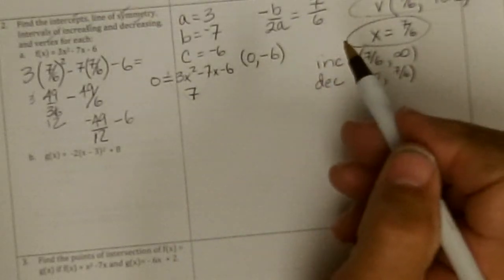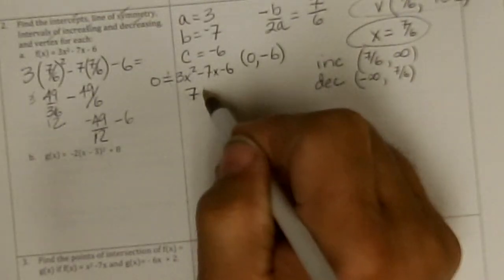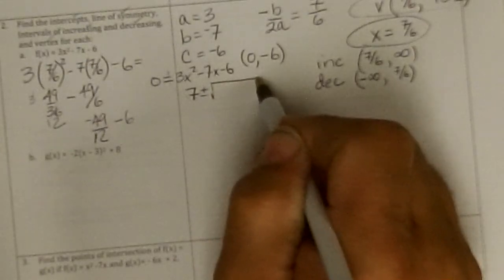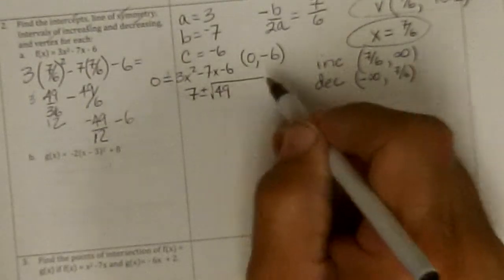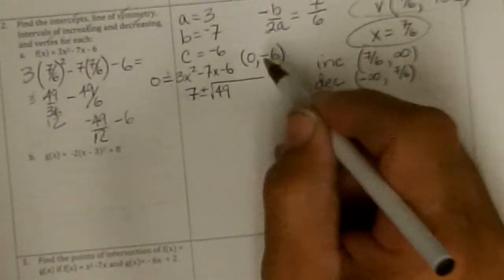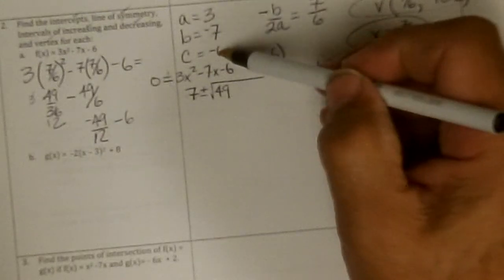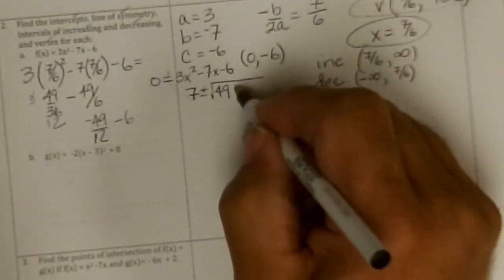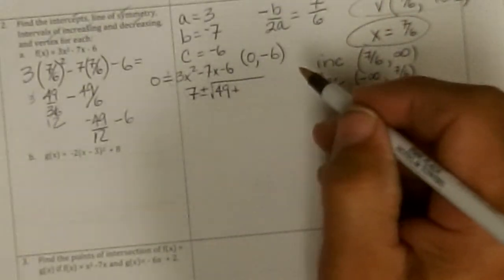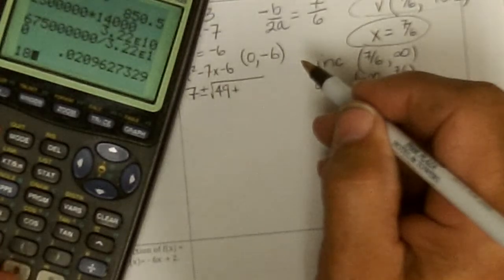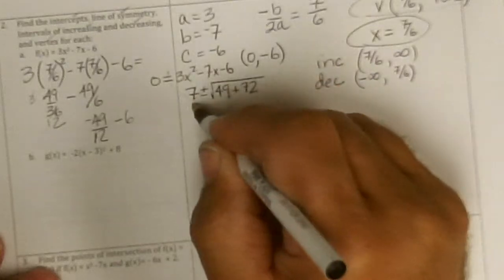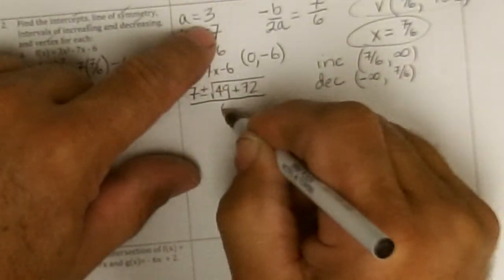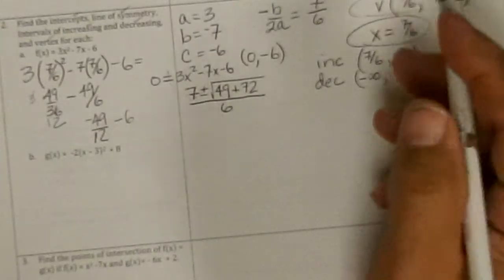The quadratic formula is the opposite of b plus or minus the square root of b squared, so negative 7 times negative 7 is 49, plus a negative 4ac, so a times c is negative 18, times a negative 4 is going to be plus, I'll pull out my calculator, 18 times 4, and I get 72, all over 2 times a, which is 6.